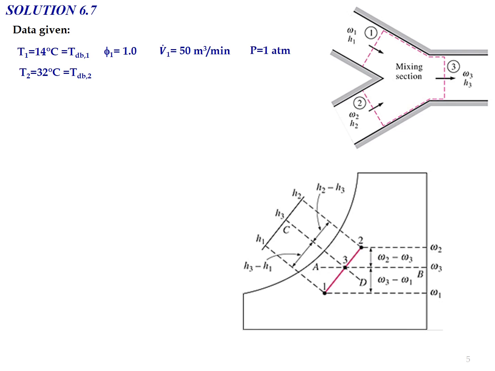T2 equal to 32 degrees Celsius, the dry bulb temperature for state number 2. Relative humidity for state number 2 equals 60%. Volume flow rate for state number 2 equals 20 meter cubed per minute.